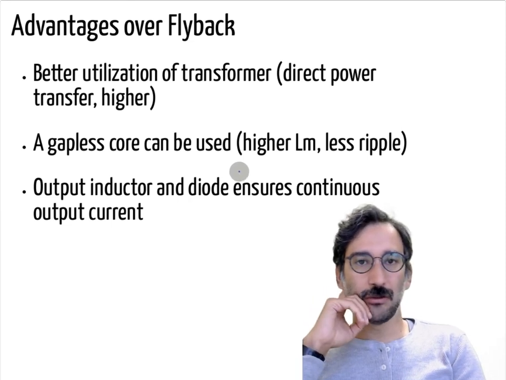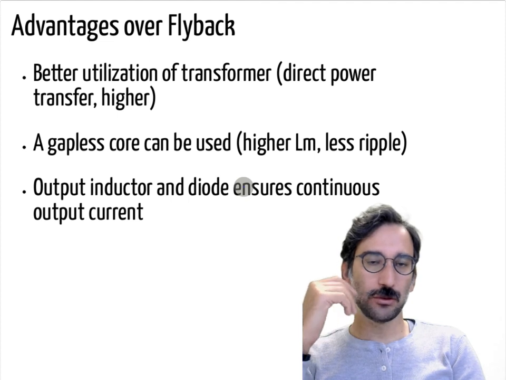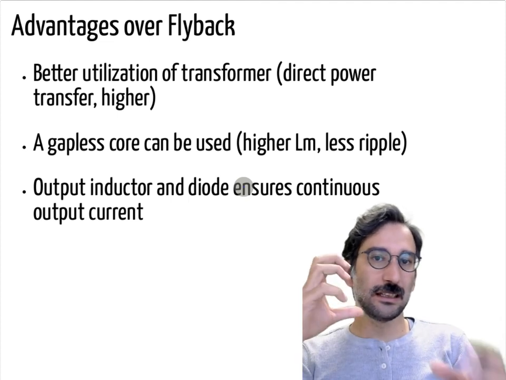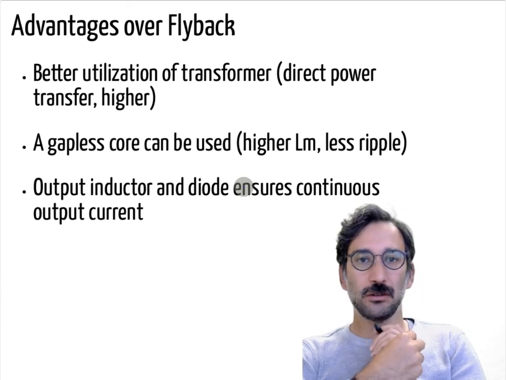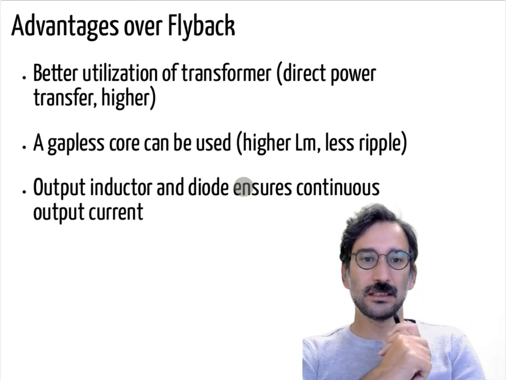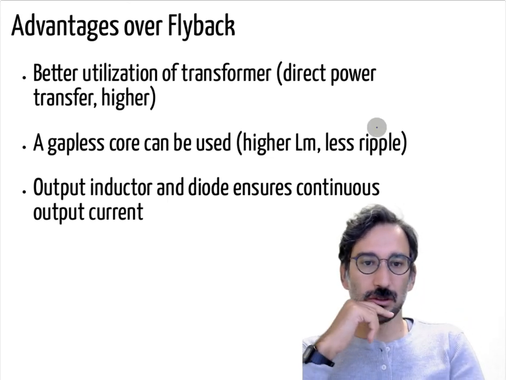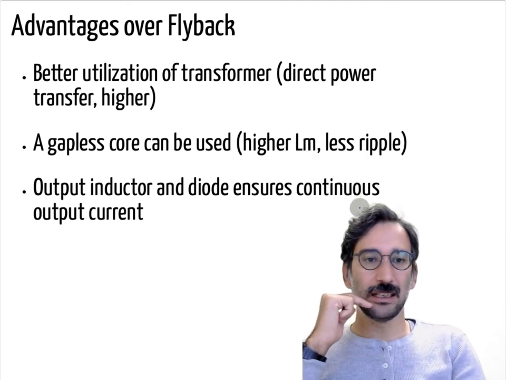Usually on forward converters, a gapless transformer can be used, and you don't need an energy storing element. You need a transformer as close to an ideal transformer as possible. So usually you use a gapless core, and that will cause a higher LM, and higher LM means you will have less ripple.